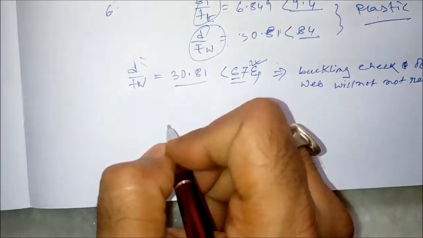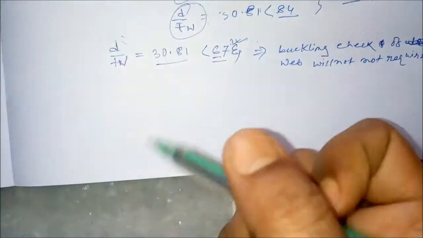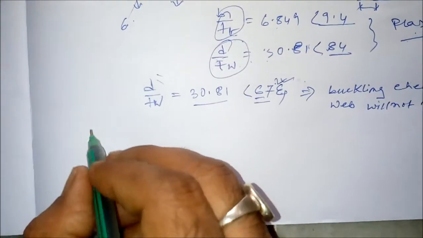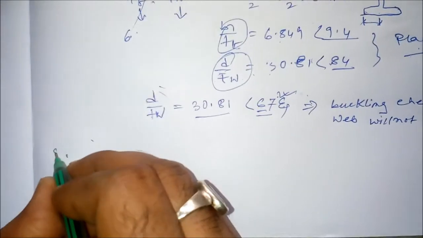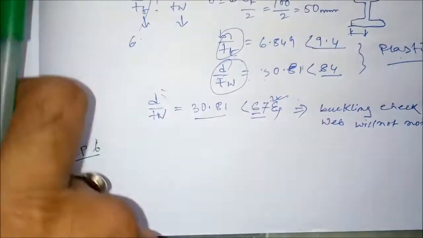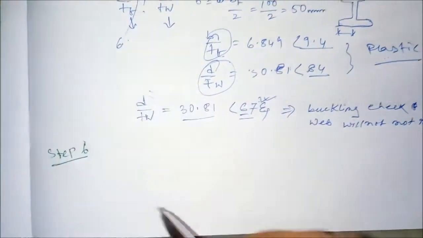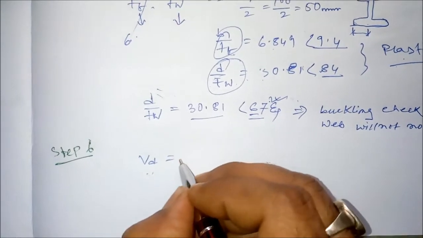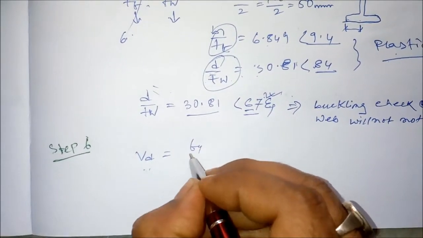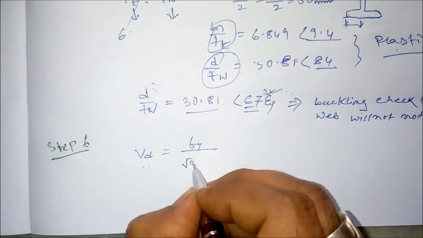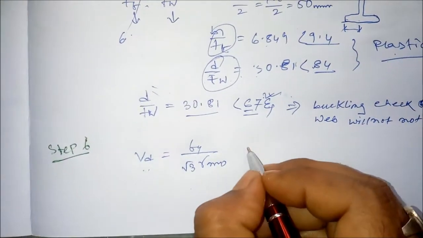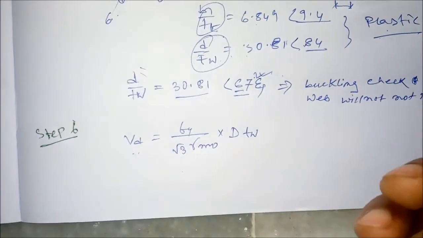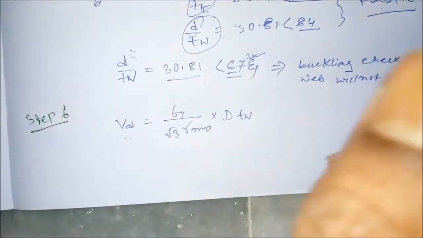Okay, so in step number 6, we can find out the design shear capacity. How to find out this design shear capacity? The design shear capacity Vd is equal to Fy divided by √3 by gamma m0, into the shear area, that is the total depth multiplied by the thickness of the web.